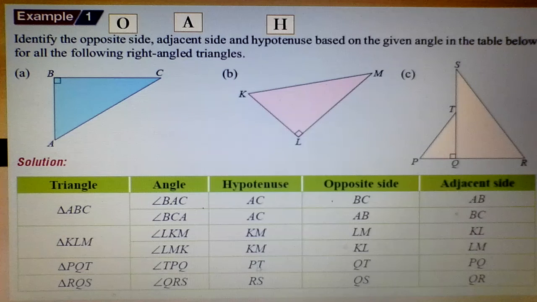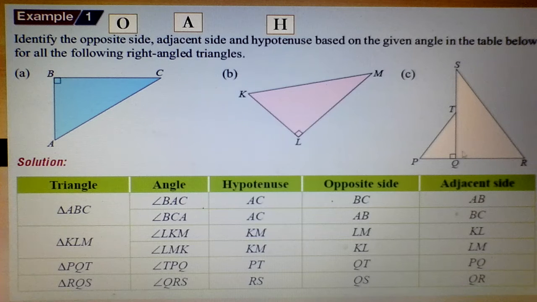So use TPQ, the hypotenuse is PT. The opposite is QT, and the adjacent is PQ. Okay, if you refer to RQS, the bigger one, the angle is QRS, so QRS is here.